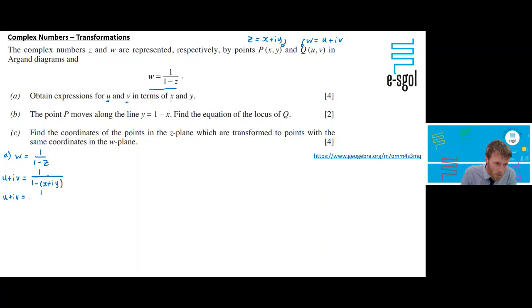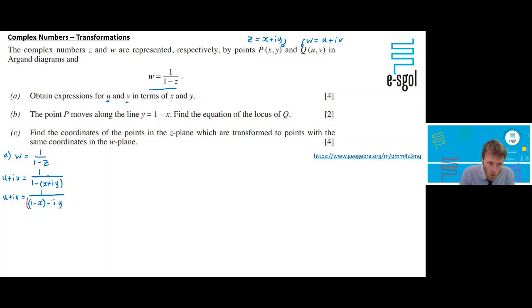Now, I'm going to just tidy this bit up at the bottom here. So this is 1 minus x minus iy. And I'd like to visualize this as the real part of the denominator, plus the imaginary part here. What I'm going to do is rationalize the denominator.